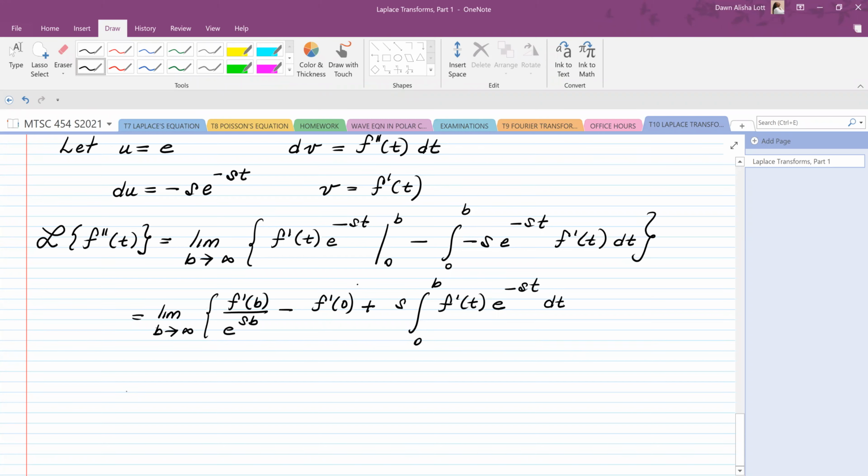So this term is going to go to 0. So now I'm going to get minus f prime at 0 plus s, and that thing right there is the Laplace transform of f prime of t.